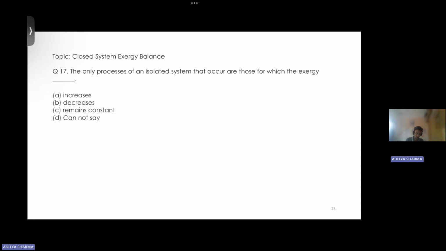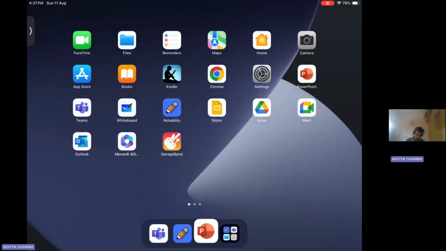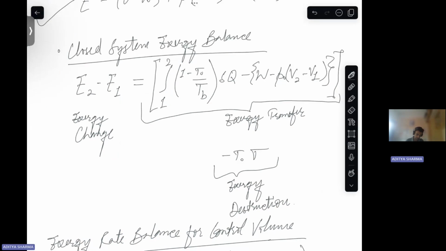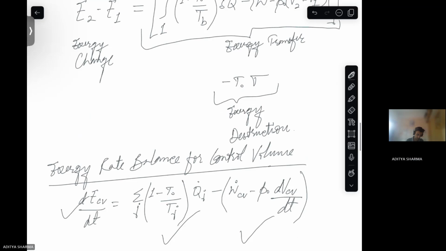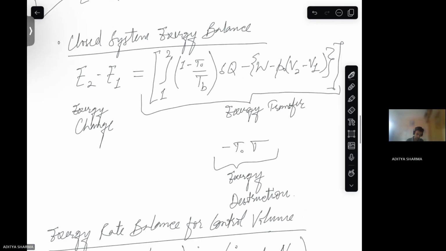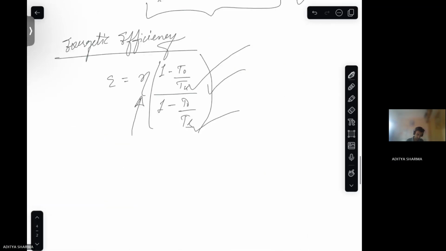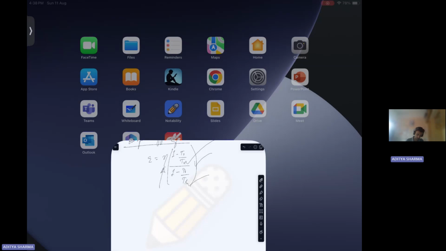Question number 17 states that the only processes of an isolated system that occur are those for which exergy... So if you see this, for a closed system. So this is question number 17.